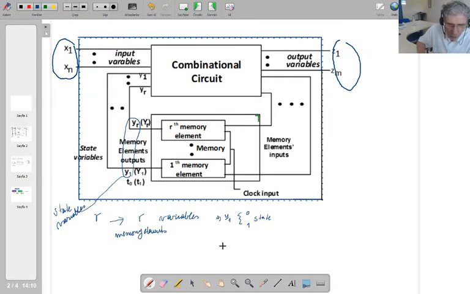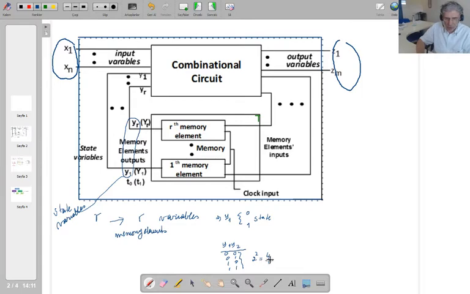If you've got two variables, y1 and y2, there are 00, 01, 10, 11. Altogether, you've got 2 to the power 2, 4 different pieces of information that you can keep, or 4 different states that you can represent by using two state variables.